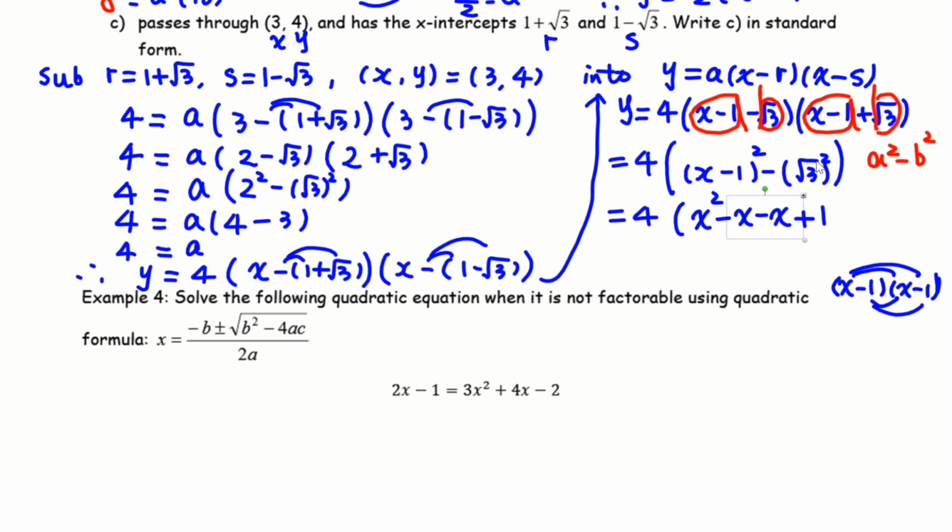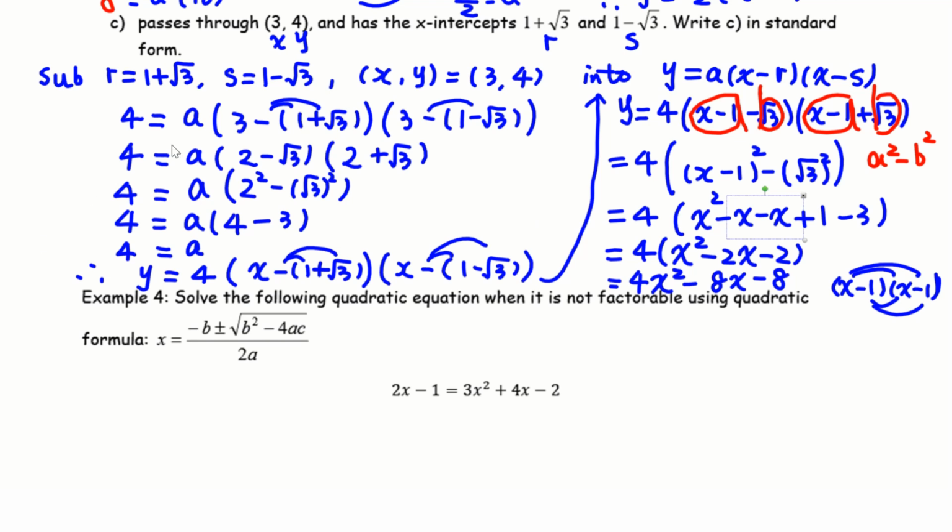Then minus square root 3 squared, cancel out the square root and squared, gives you 3. Then collect the like terms, we are going to have 4 bracket x squared minus 2x minus 2. Then times 4, you have 4x squared minus 8x minus 8. So this is from factor form to standard form.